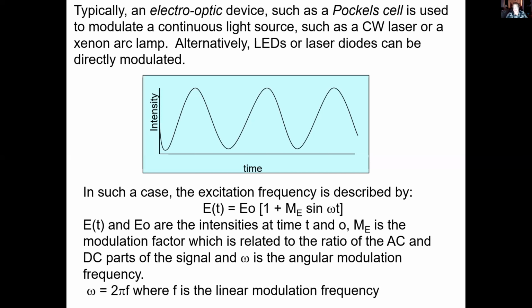It's important to realize for these discussions that omega is 2 pi f, where f is the linear modulation frequency. When you hear someone talk about the modulation frequency, actually Leonel mentioned a little bit the other day on some of his light sources, he's talking about the linear modulation frequency. In the equations, we talk about the angular modulation frequency.